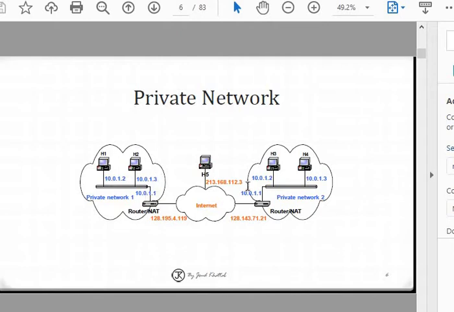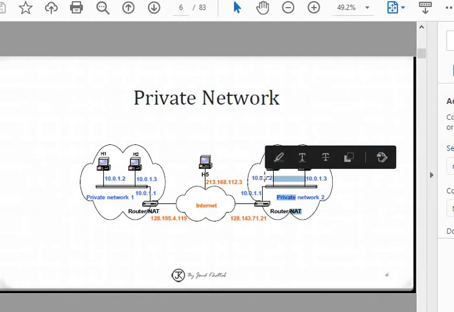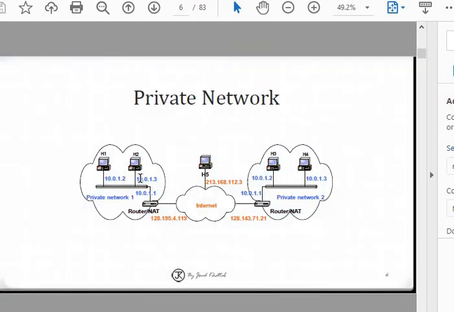The same IP addresses are applied on the right side. So you will see that the H1 system IP address is also applied to the H3 system. Similarly, the H2 system IP address is also applied to the H4.